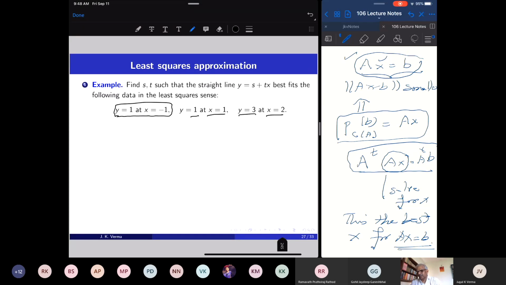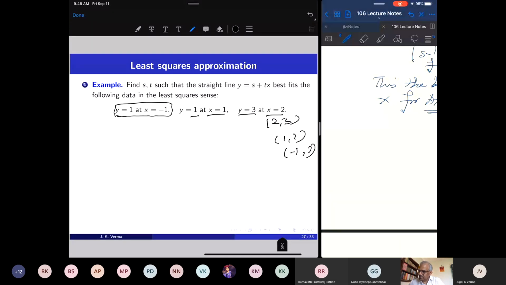So I conducted an experiment, x is some quantity and y is the output. I have these 3 points, namely (2, 2), (1, 1), and (-1, 1).